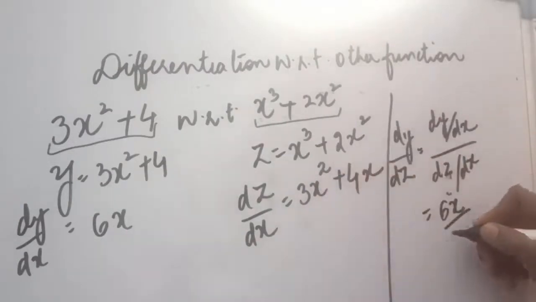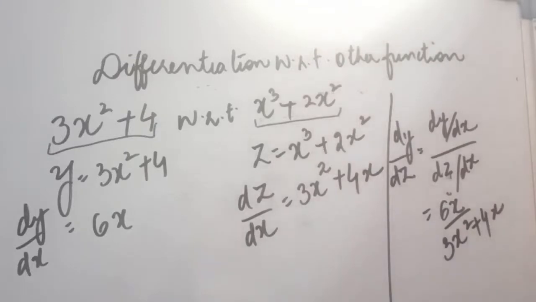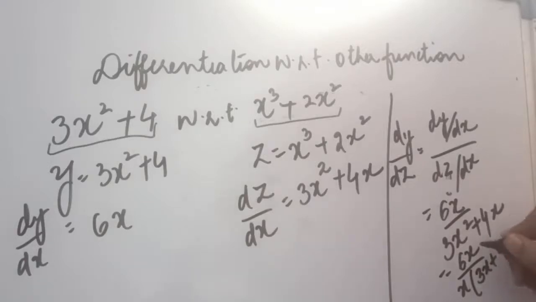Value of dz upon dx is 3x square plus 4x. Either you can leave this question here only or we can take x common, because we can see above also x is common and below also x is common. So if we take x common, inside it will be 3x plus 4. This x will be cancelled. So ultimately our answer will be 6 divided by 3x plus 4.